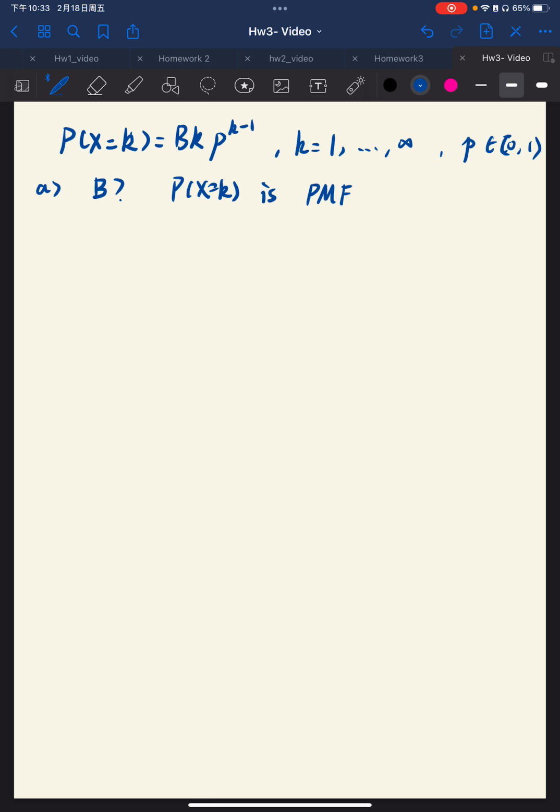We know that if we want to make this a probability mass function, the sum over the range of k of P(X = k) should be 1.